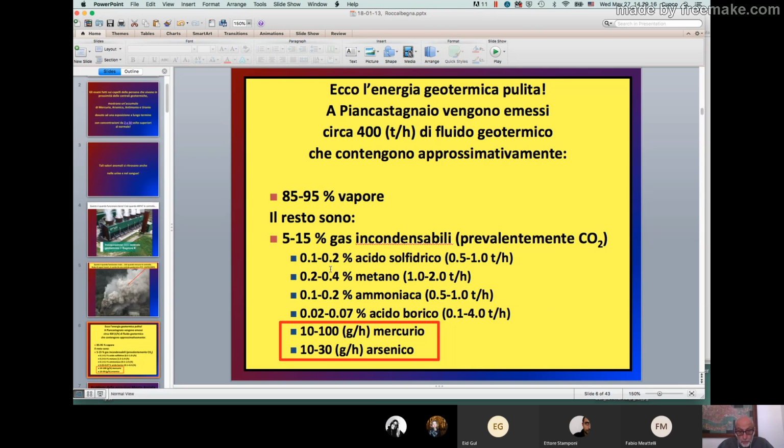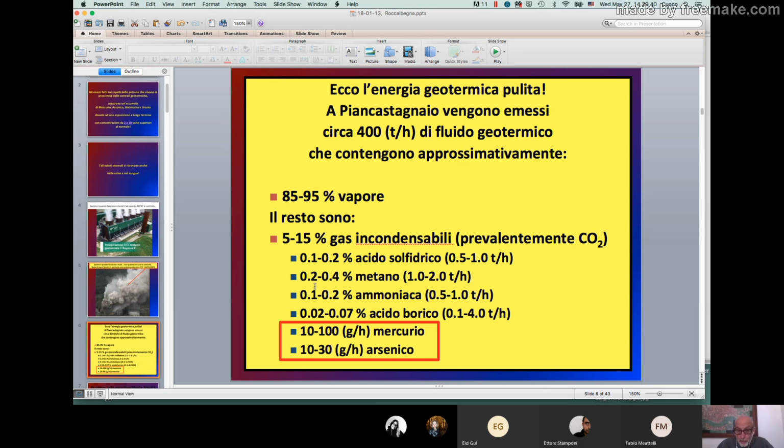You get 0.1, 0.2% of sulfuric acid. You get about twice that amount of methane. So there is a really large amount of methane, 2 tons per hour. Well, you can almost run a power plant with that amount.